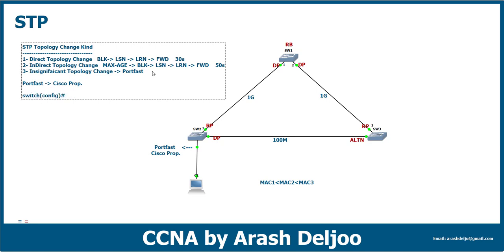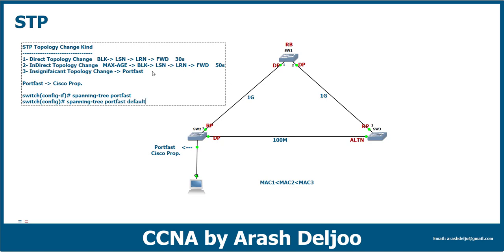We have two methods. The first method is configuring PortFast interface by interface. The command is so easy: spanning-tree portfast, that's it. Also, if you want, you can enable the PortFast feature globally on all access interfaces with this command: spanning-tree portfast default.